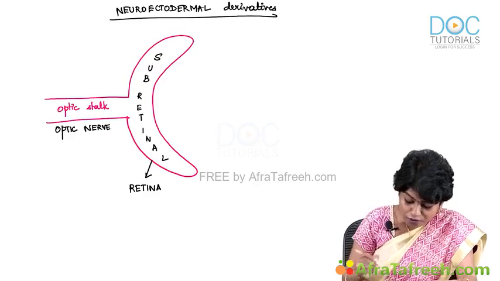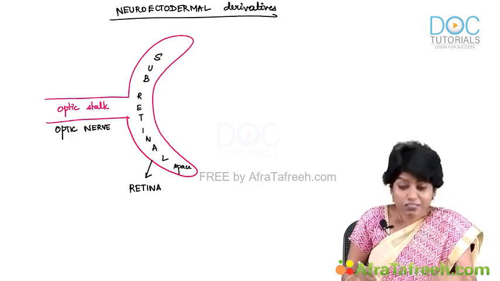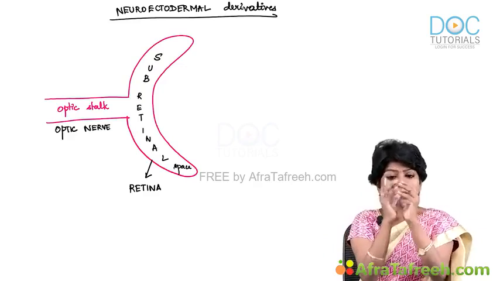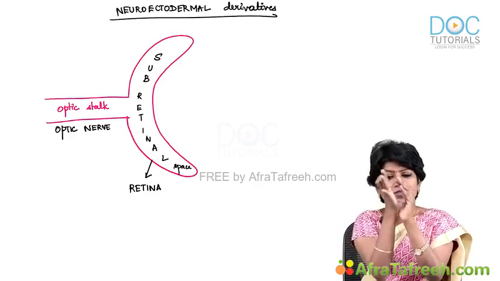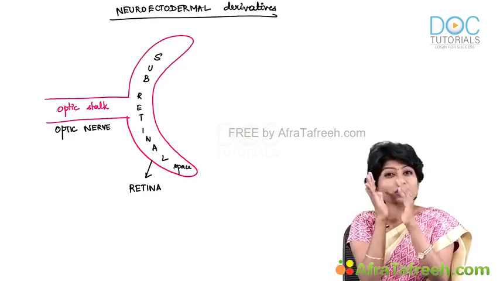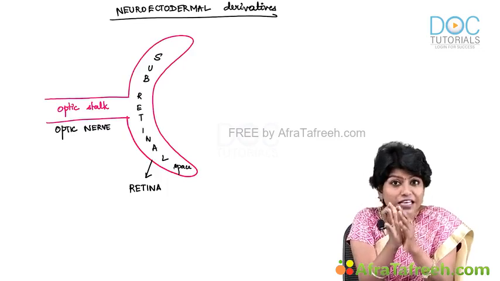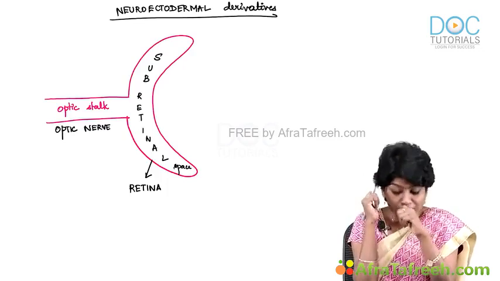So what forms your subretinal space? This optic cup. Initially the optic vesicle was there, which became the optic cup, and the original cavity of the optic vesicle becomes the subretinal space.